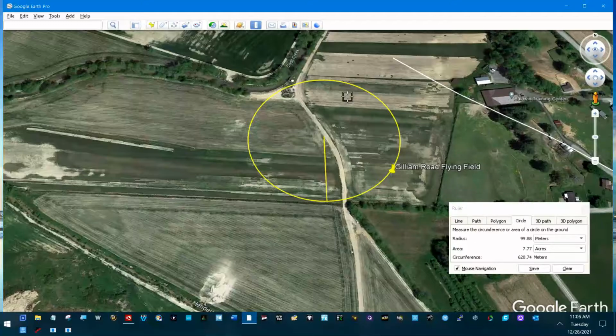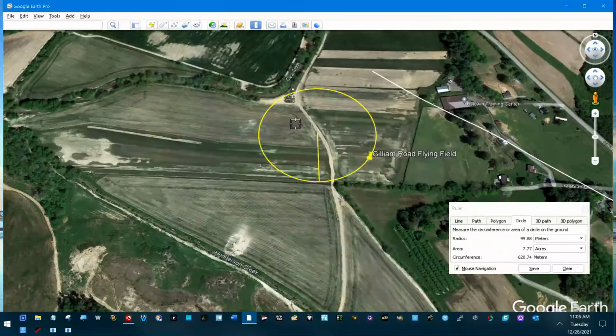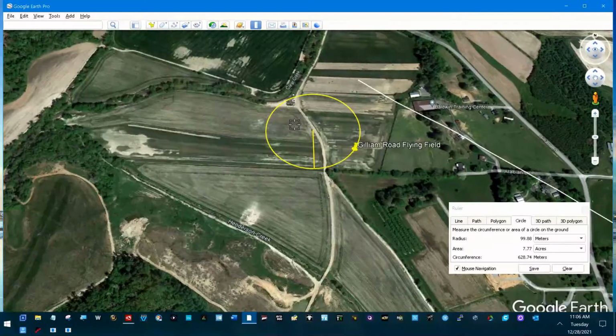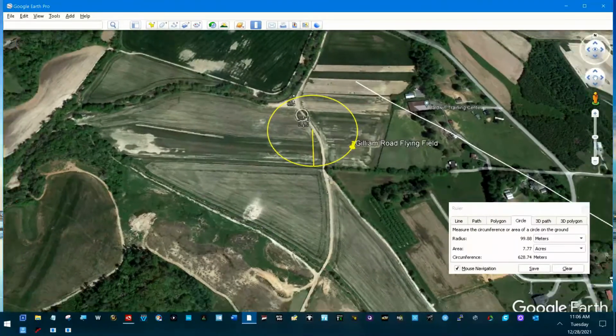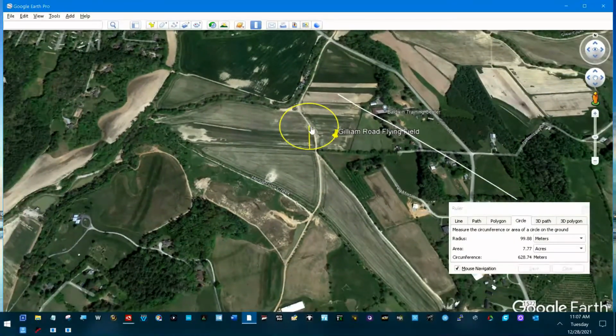If I set it to 100-meter radius on the loiter radius, it barely lets me keep 100% sight of the platform there. And that certainly doesn't really work over here. Well, it does work, but not well.